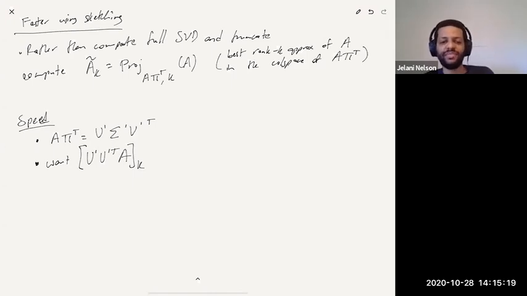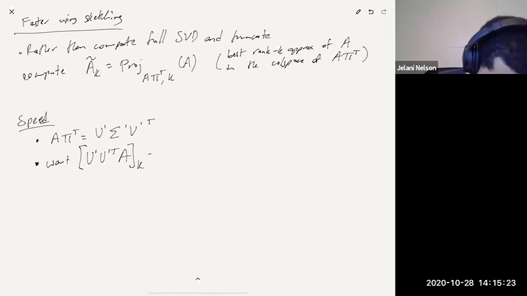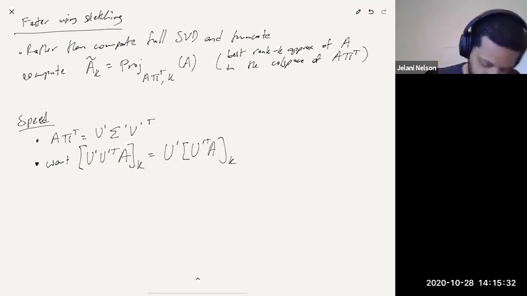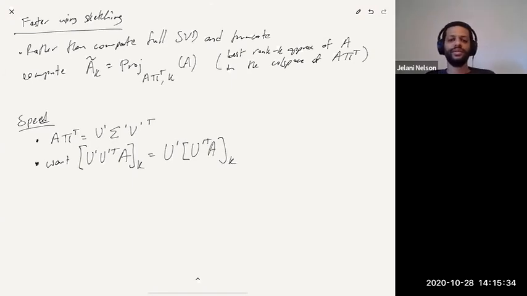It's going to be U prime, right? So I can write this as basically U prime times U prime transpose AK. Okay. Those two things are equal.